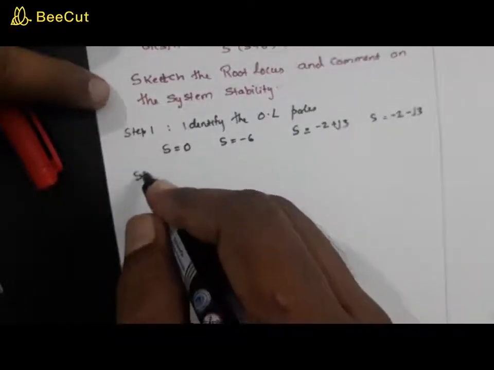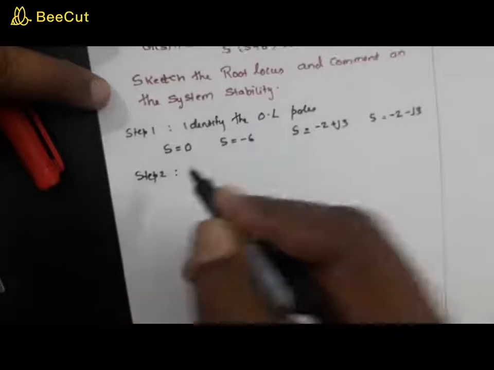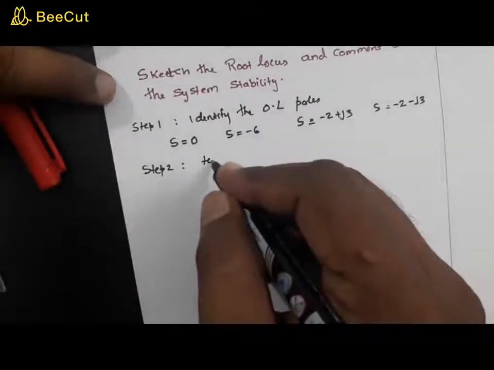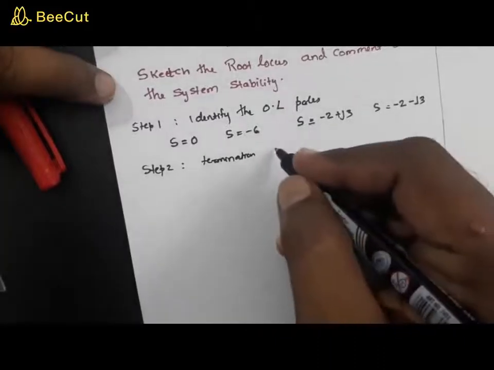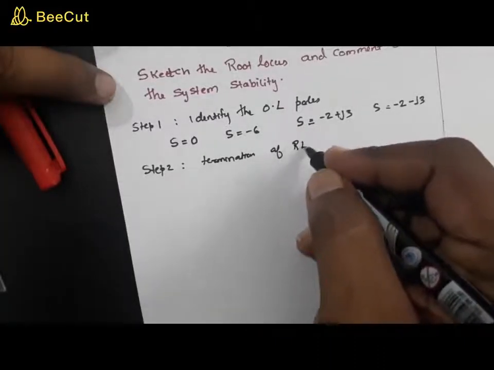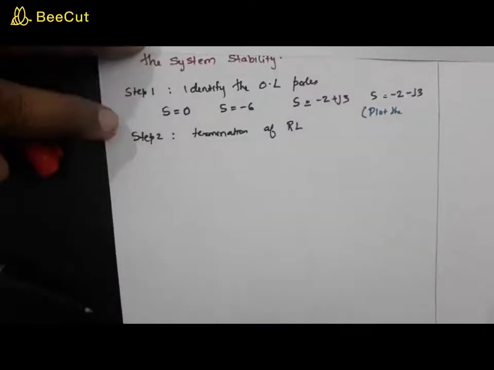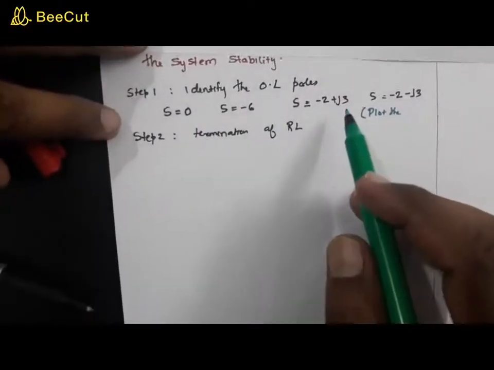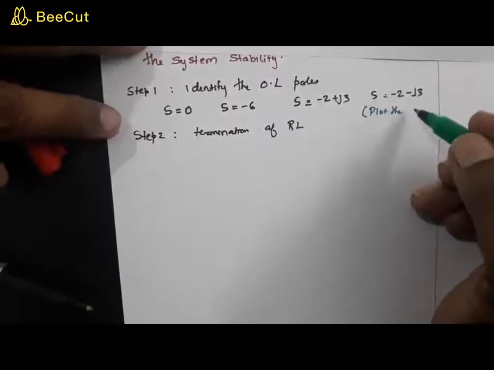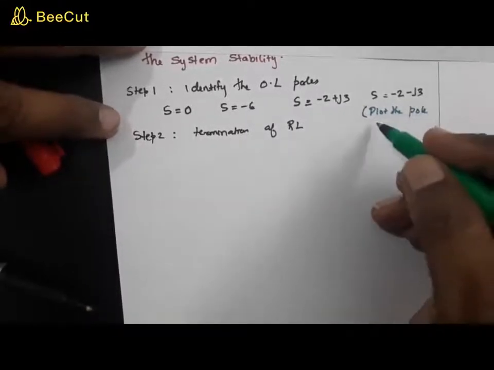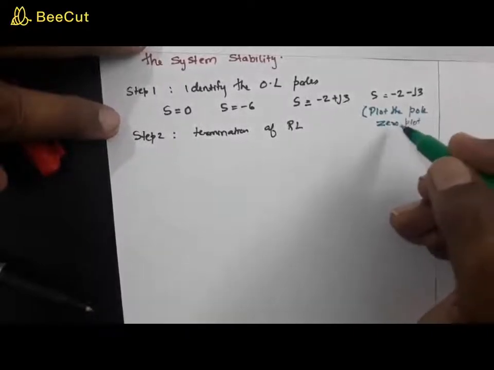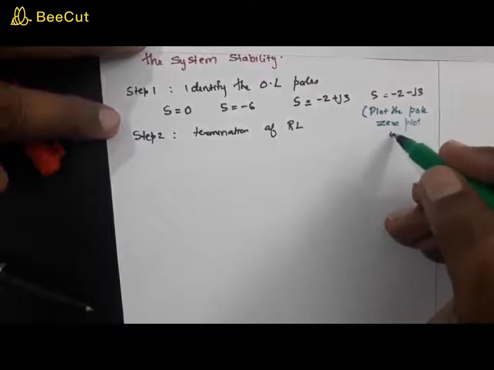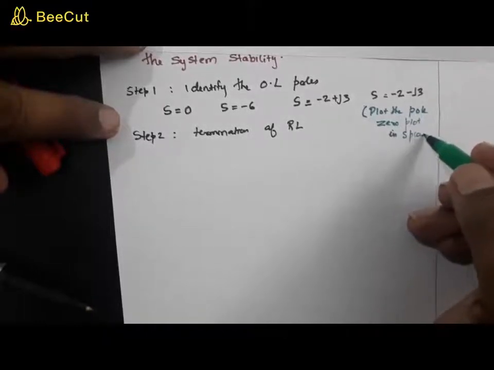Now what is step 2? Step 2 is about the termination of the root locus. Before that, once you identify the open loop poles, you have to plot the poles in the s plane, as shown.